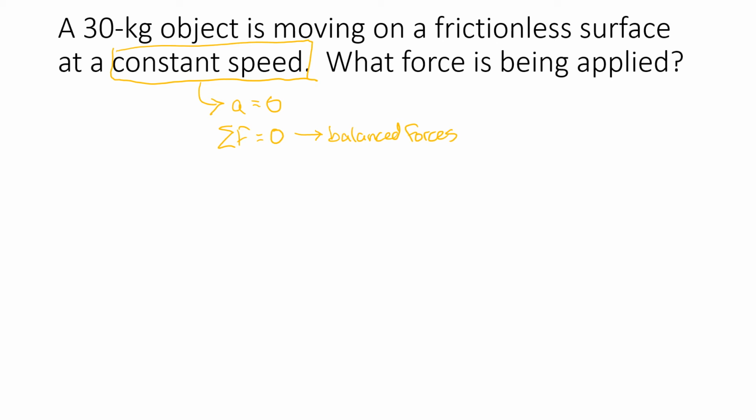Is there any force that is already acting on our object that would make it slow down or speed up? Not in this situation. We have a frictionless surface. So if we are on a frictionless surface at a constant speed, there is 0 force being applied.